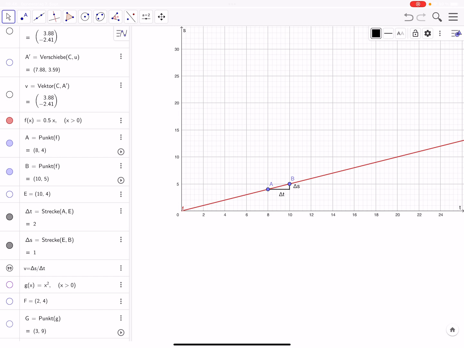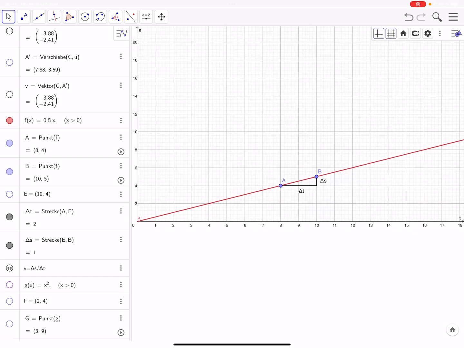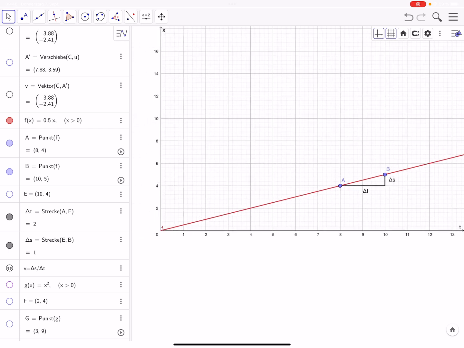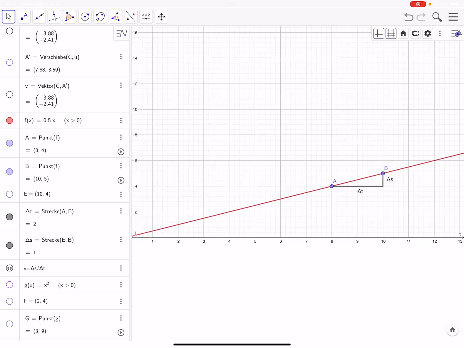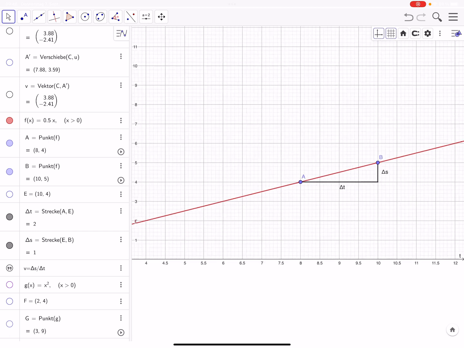And the delta s would be, it's a bit easier when we zoom in here a little bit. So here we have S2 is 5 minus S1 is 4, and that is 1.